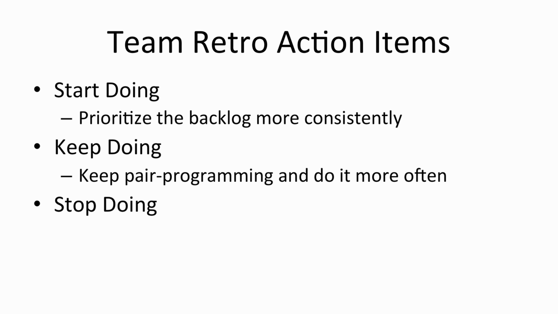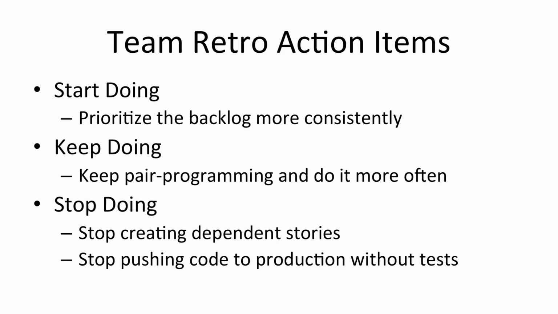There are also 2 things that they would like to stop doing. One is to stop creating stories that get blocked because of dependencies on stories that are in progress. In episode 2, I talked about 4 reasons a team might have problems writing stories that are, among other things, independent. They'd also like to stop causing outages when they push code to production, and this seems to be due to inadequate testing.